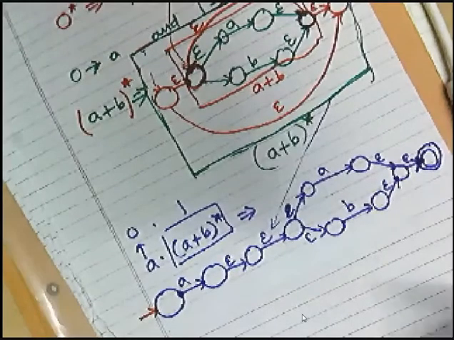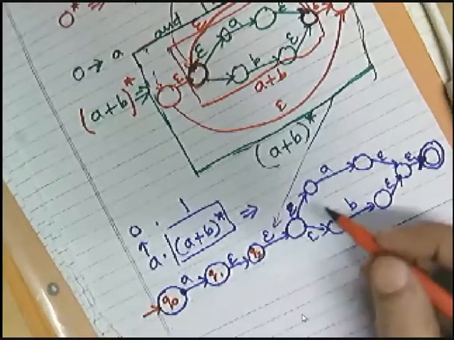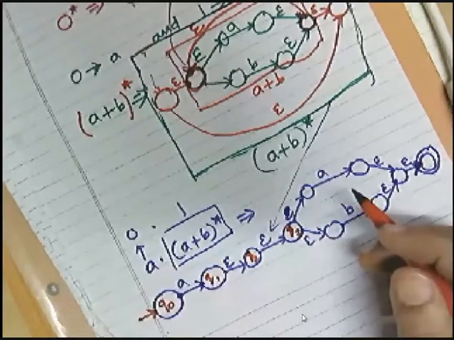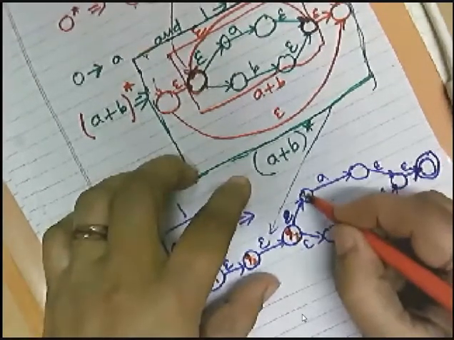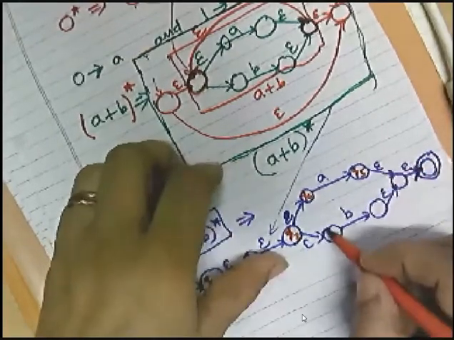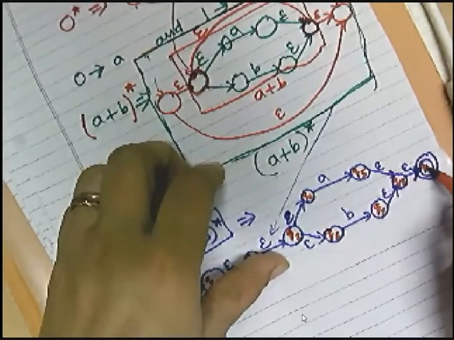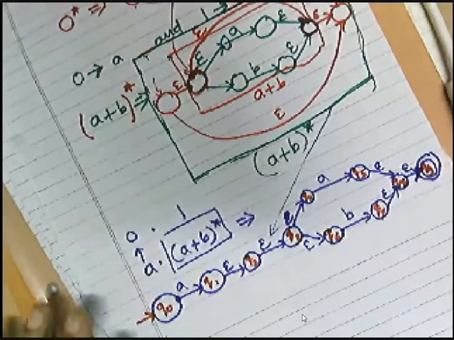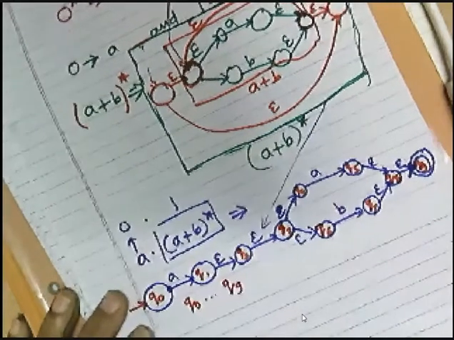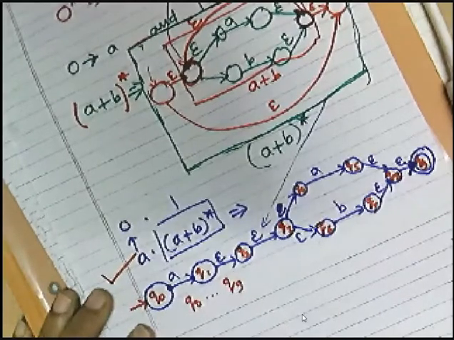And then we will start Q0, Q1, Q2, then Q3, then Q4, Q5, then Q6, Q7, Q8, and Q9. So how many states are required? Q0 to Q9 states are required to represent this particular expression using the NFA.